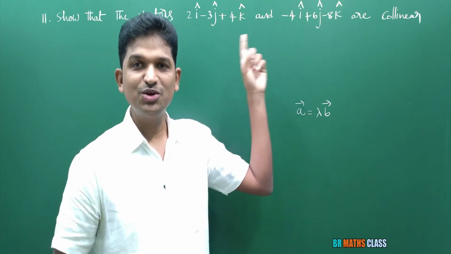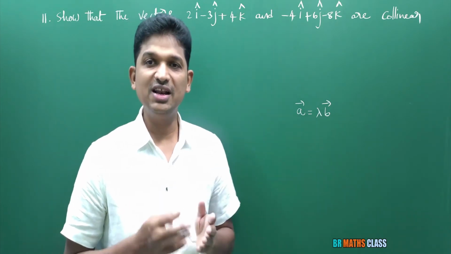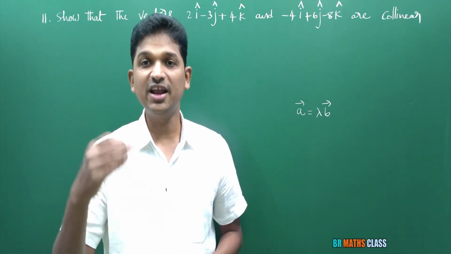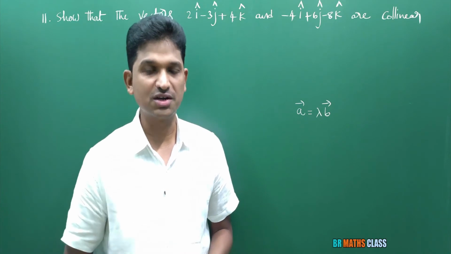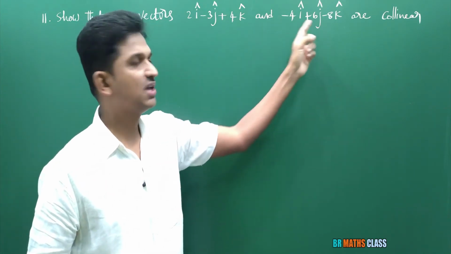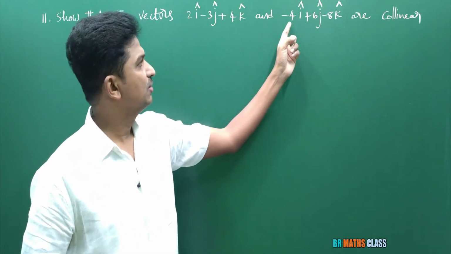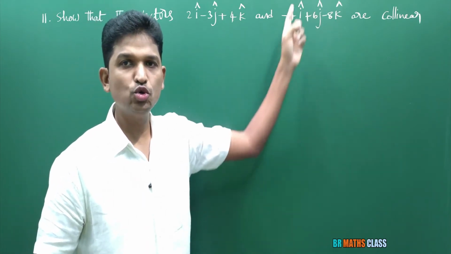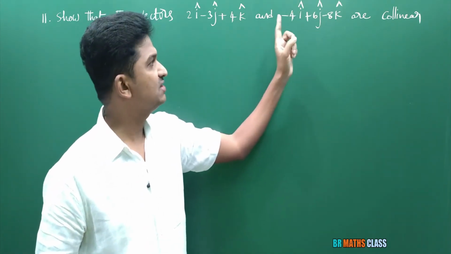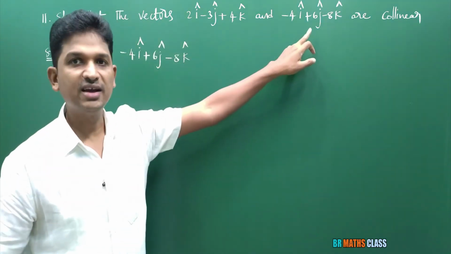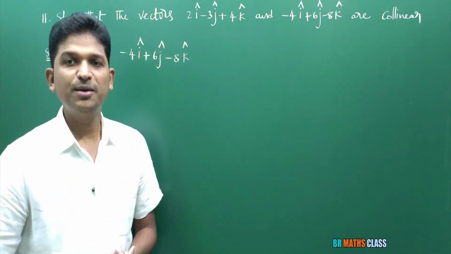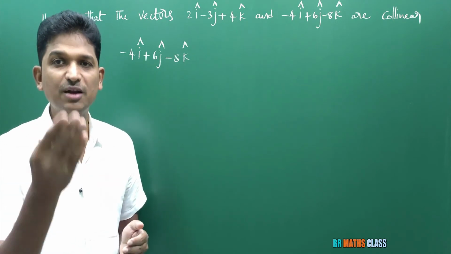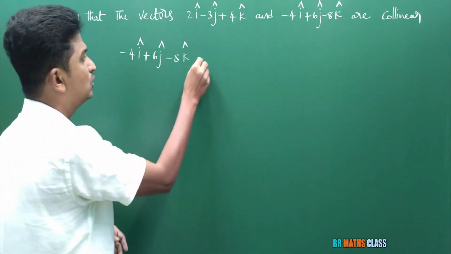What I'll try to do now in these two vectors, I'll check whether it is possible to express one vector as scalar multiple of the other vector or not. If you observe the scalar components of this vector, minus 4, 6, minus 8, it seems I can take 2 common. So first I consider this vector. I am trying to express one vector as scalar multiple of the other.